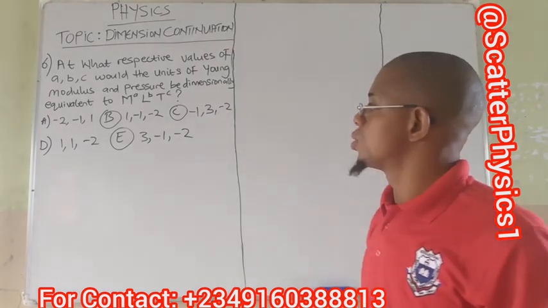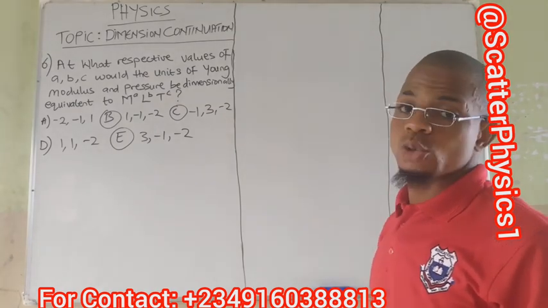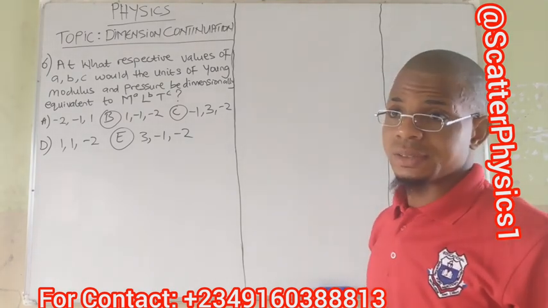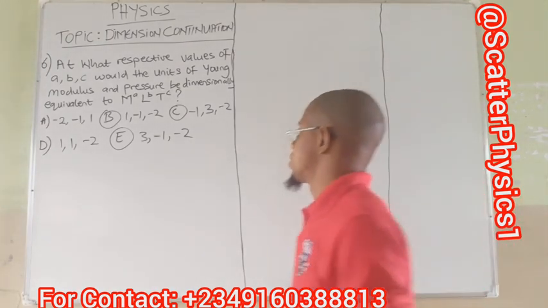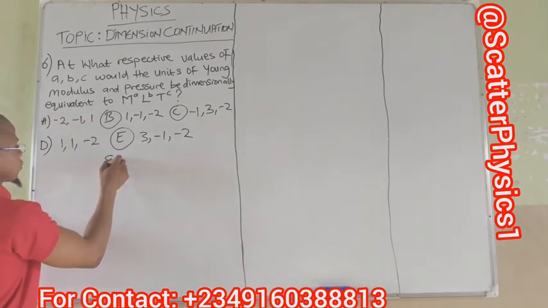We have the options A to E, which I don't even know the answer to. So let's solve this first so that we can know which one is the answer. We'll go straight to our solution.